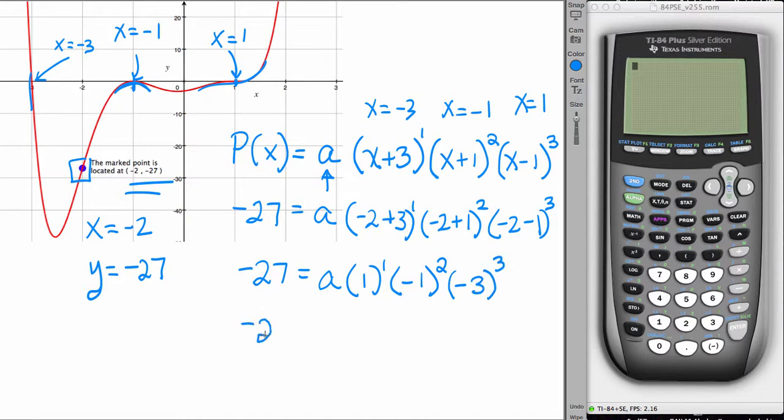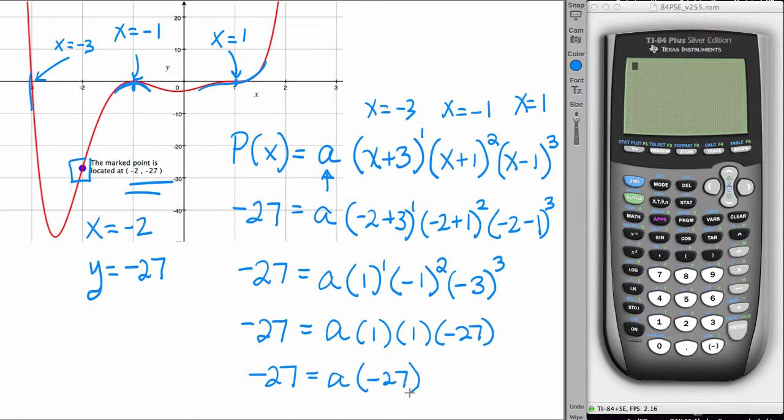So we come up with -27 equals a times 1. -1 squared is 1, and -3 cubed is -27. -27 equals a times -27 gives us the result that that coefficient a is going to be 1.